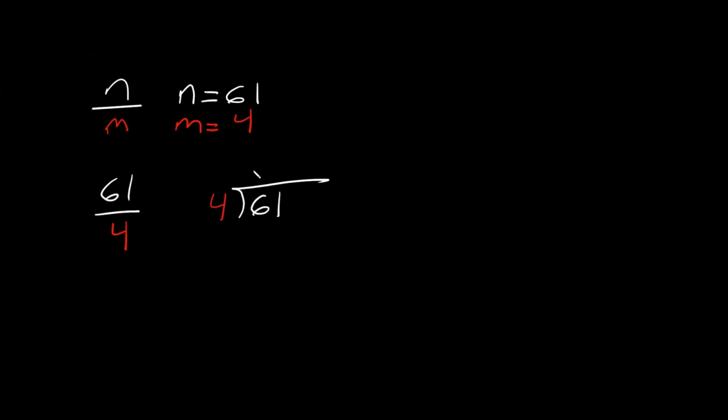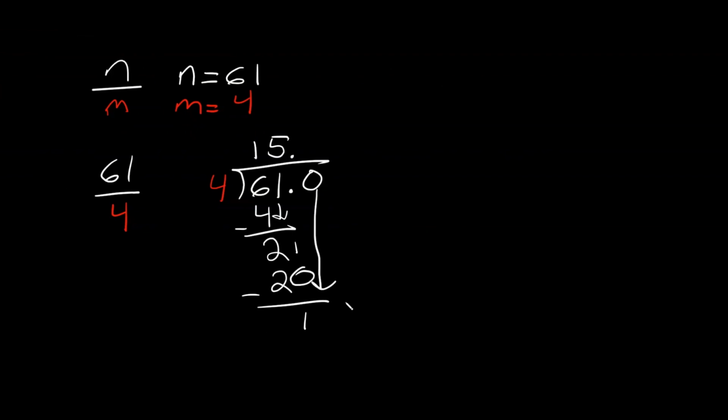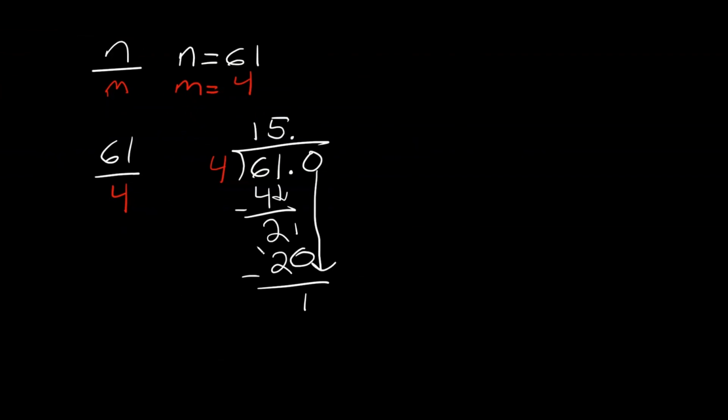Let's see here. 4 goes into 6 once, and then we can subtract 4. That will give us 2. Drop down this 1. 4 goes into 21 5 times. And we can add a decimal place here and then add a 0. So we're still going to subtract here. 4 times 5 is 20, so we will subtract that. That gives us 1. Drop down this 0. 4 goes into 10 twice.